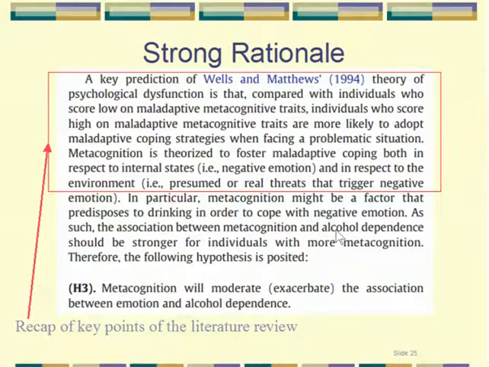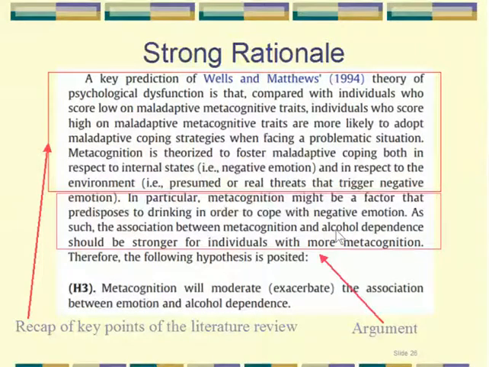Metacognition is theorized to foster maladaptive coping both in respect to internal states, that is, negative emotion, and in respect to the environment, that is, presumed or real threats that trigger negative emotion. So this is a summary of the literature review.